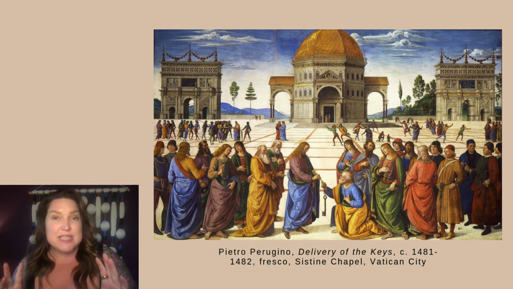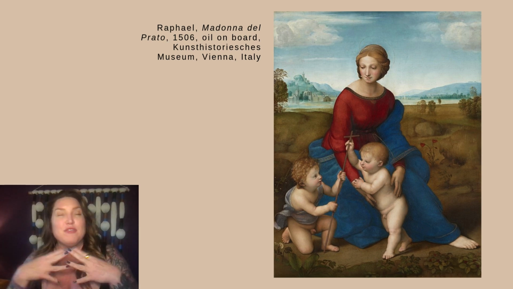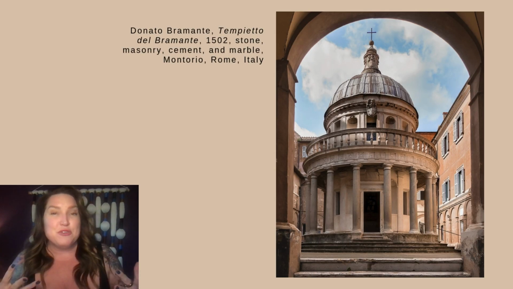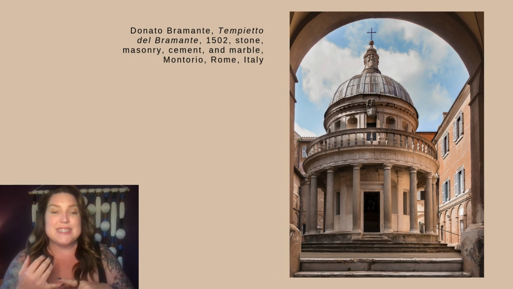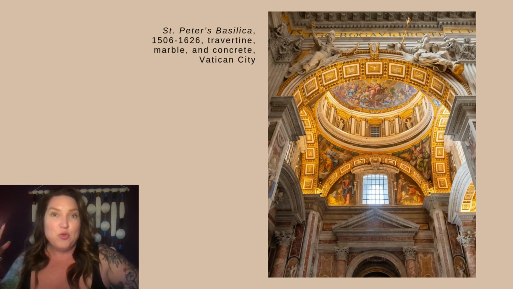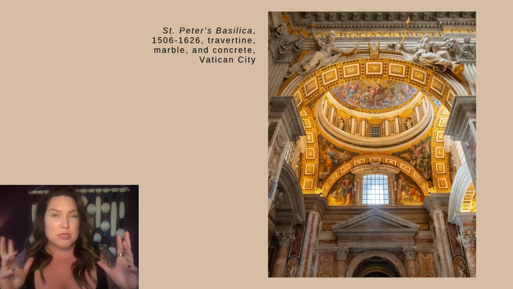We will also see that in general, in the Renaissance, paintings have a balanced and symmetrical composition. We will also see the use of the triangular composition, and this will often be associated with the Catholic or Christian concept of the Holy Trinity. And lastly, in architecture, we will see classical forms incorporated into Renaissance architecture, and we will see again a renewed interest in triumphal arches, massive domes over cathedrals, and harmonious geometric relationships.